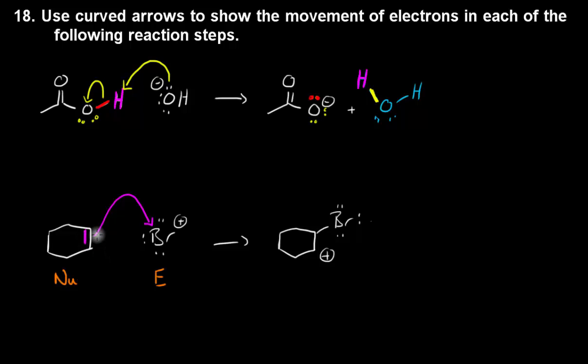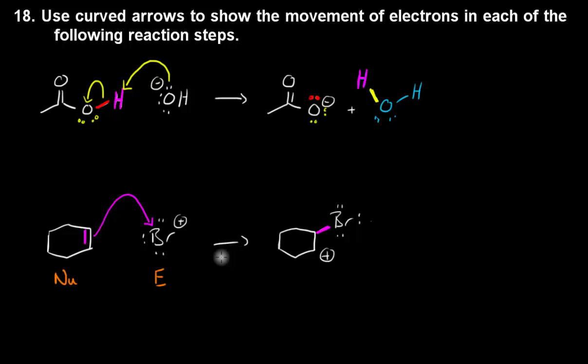Okay, so if you notice from the starting material to the product, we have a new bond formation happening. So we have formed a new bond between this carbon and this bromine. We use the electrons from this pi bond to make this new sigma bond, and so this is a case where we can actually neglect that mantra of, if you make a bond, you have to break a bond.